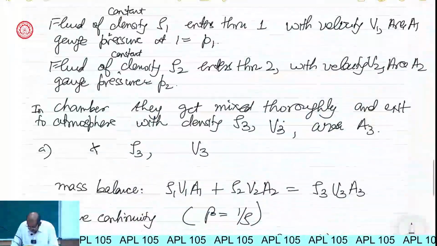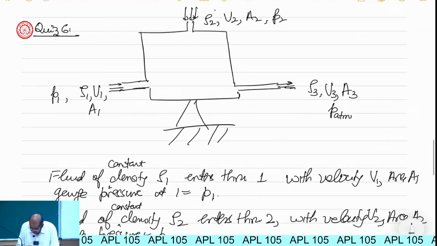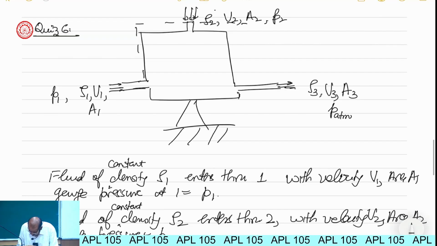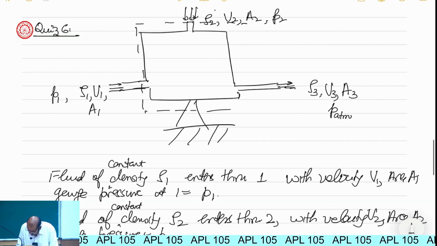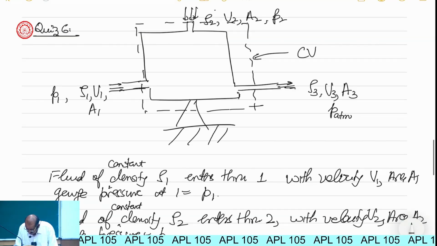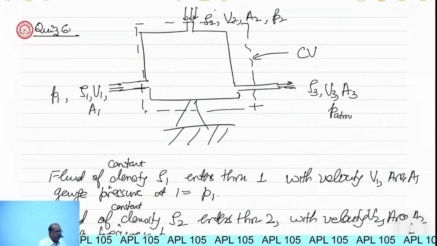And we choose a control volume. So, I should have done this before. I choose a control volume. This is my control volume. Rho 1 is different, rho 2 is different. But individual particles, their density is not changing. Okay.